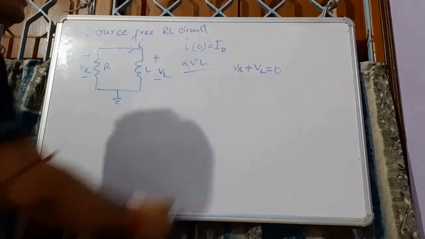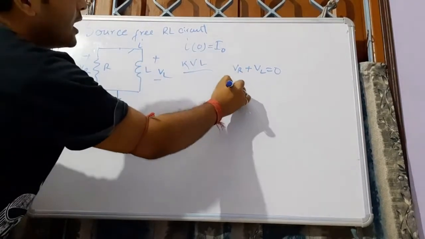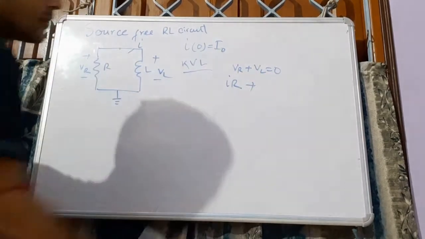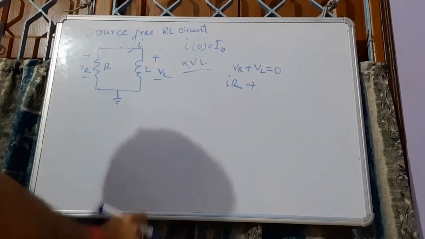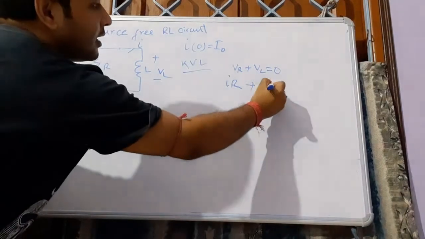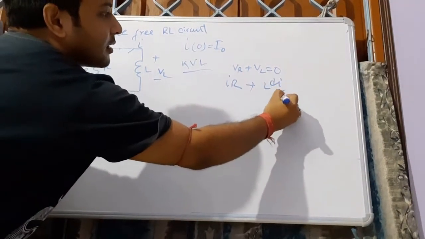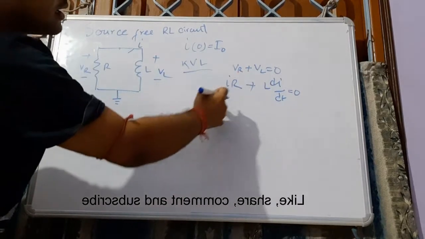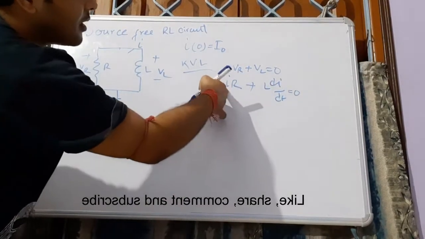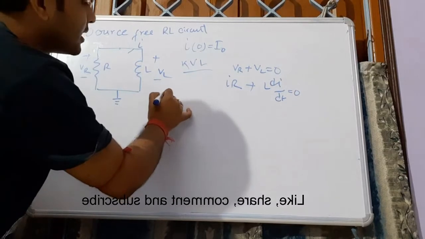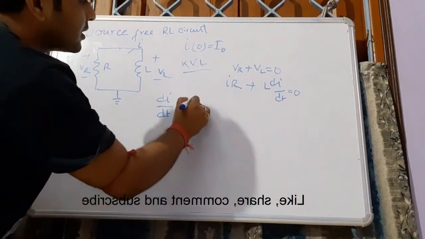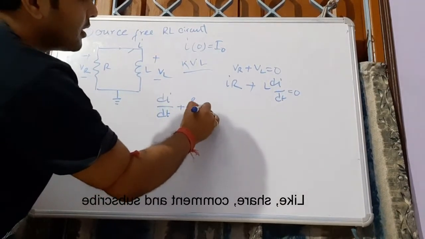What will be the VR? IR plus L di dt equals 0. Now if I divide by L in this equation, we will get di dt plus R by L into I equals 0, right?